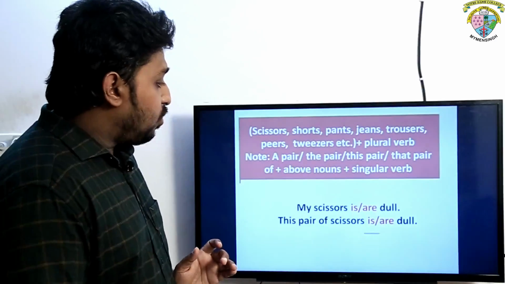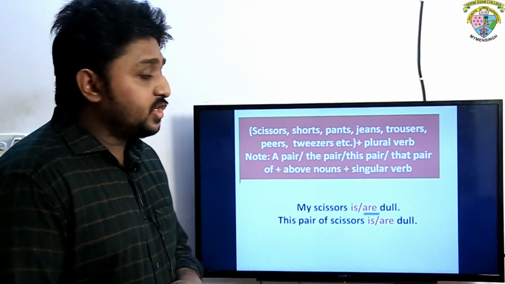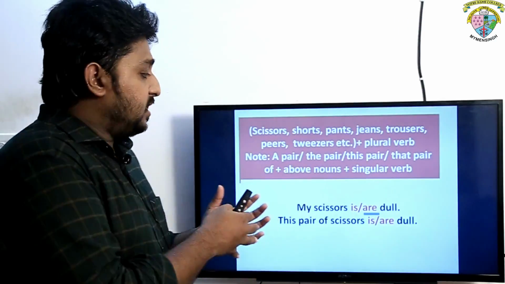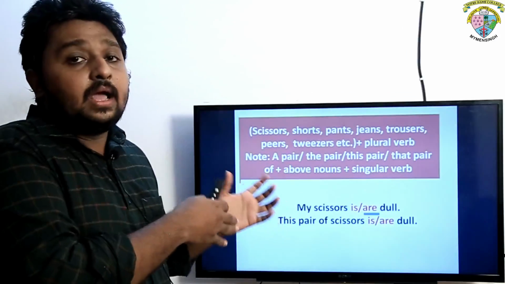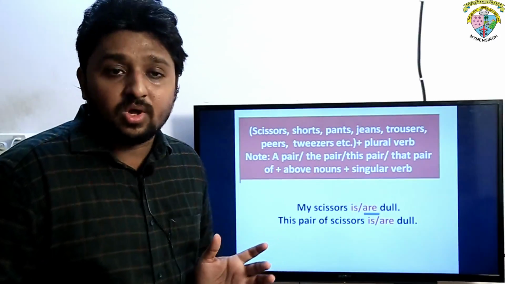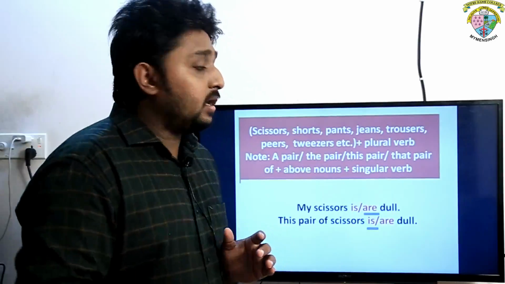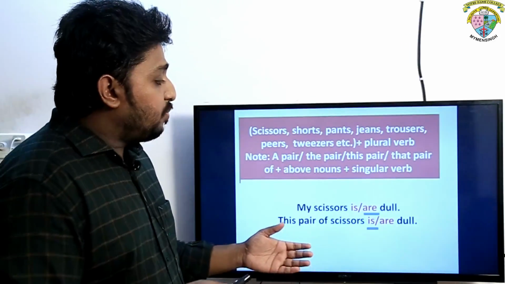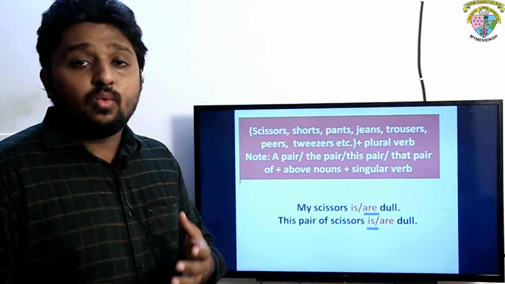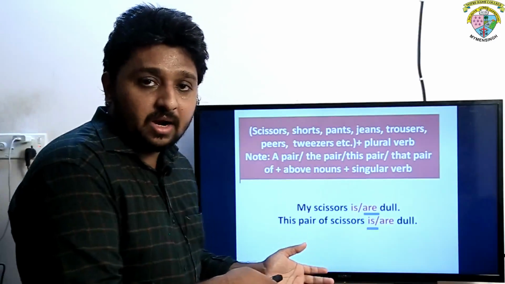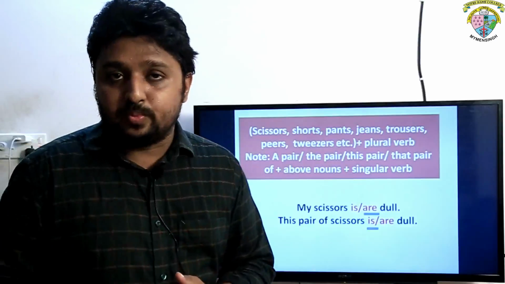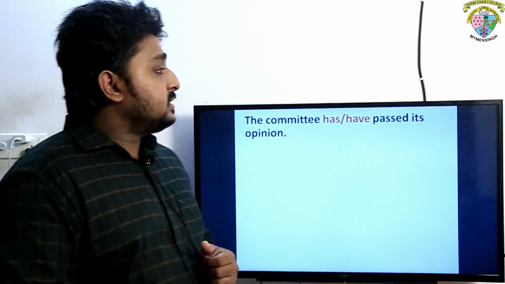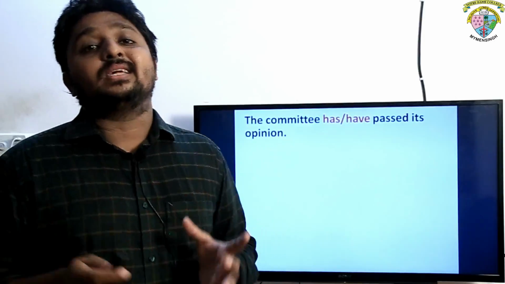But in the next one, this pair of scissors, as we add this pair of before the plural subject, we have to select the plural verb, and that is, sorry, I have made a mistake. If we use this pair of before plural subject, we have to use singular verb, and the correct answer should be is. So guys, let's move for the last one, and that is all about collective nouns.